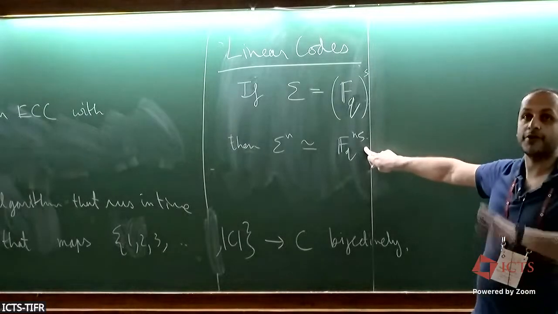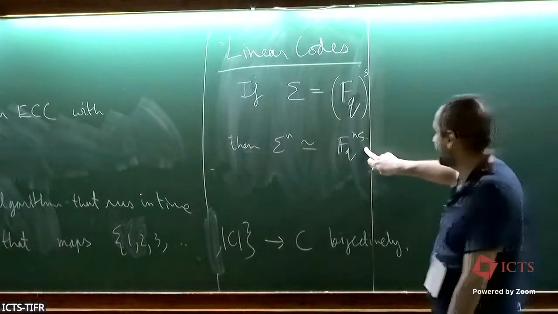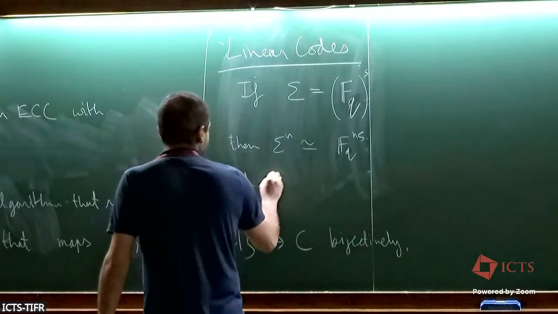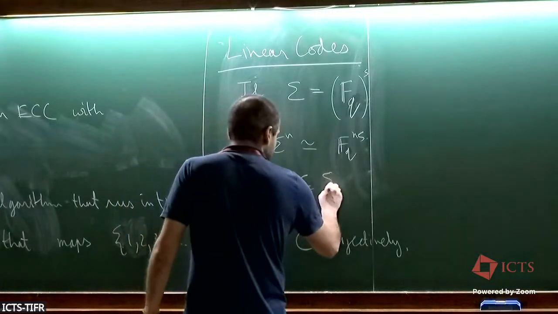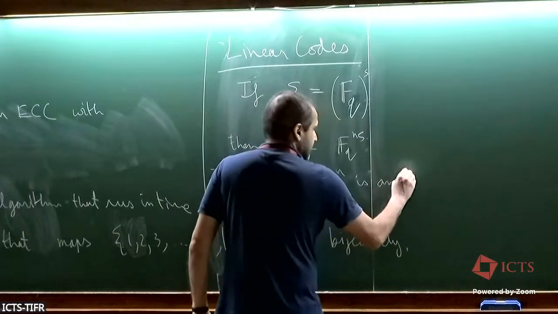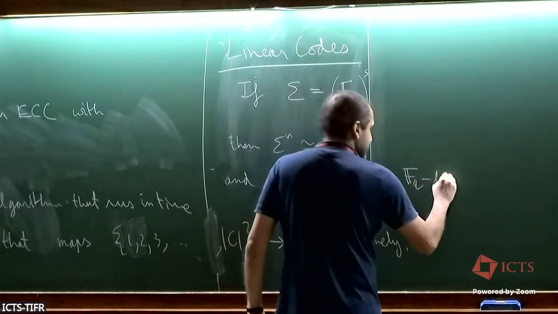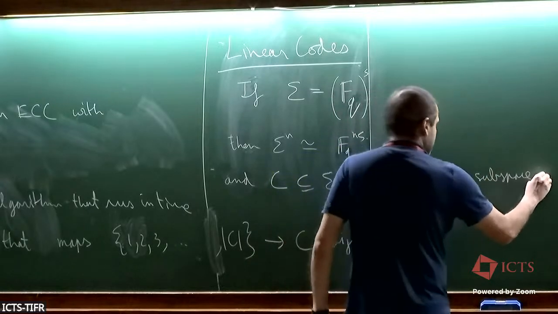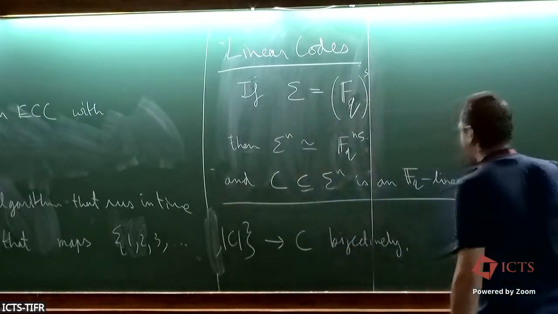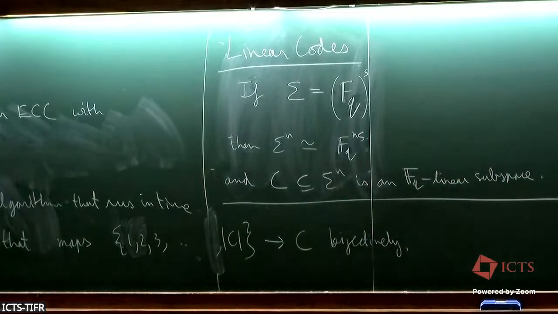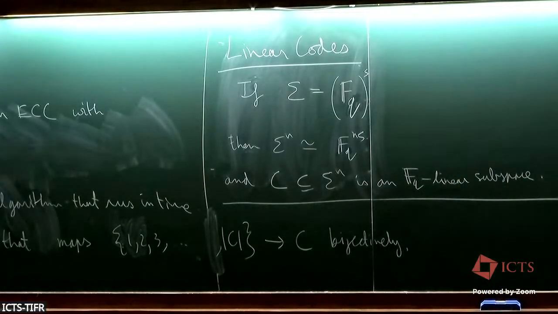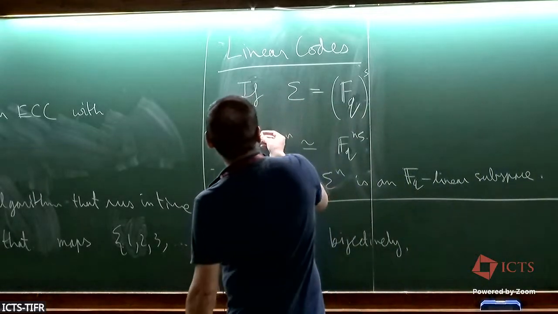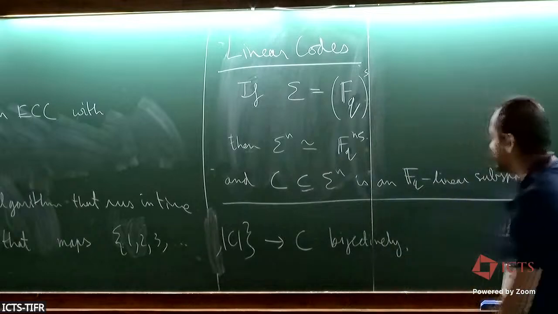And you can talk about an FQ linear subspace. And C inside sigma to the N is an FQ linear subspace. Then, in this setting, we call C a linear code. So this is the definition, I guess.